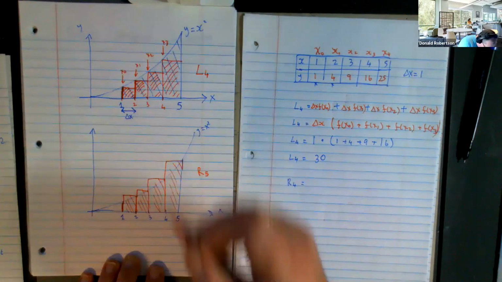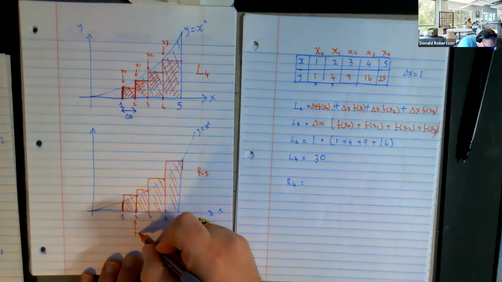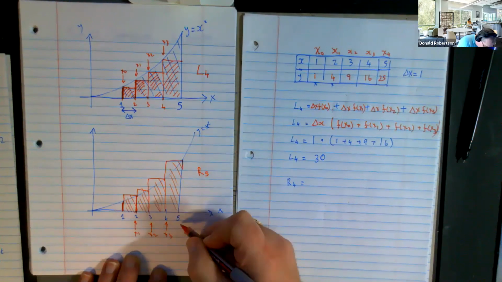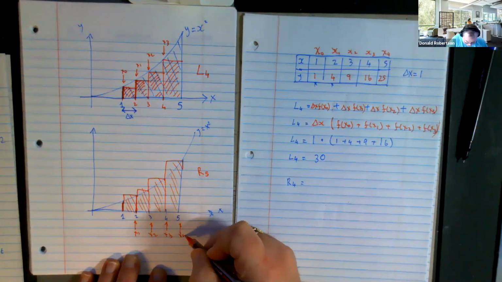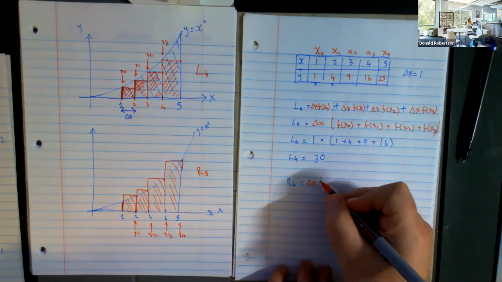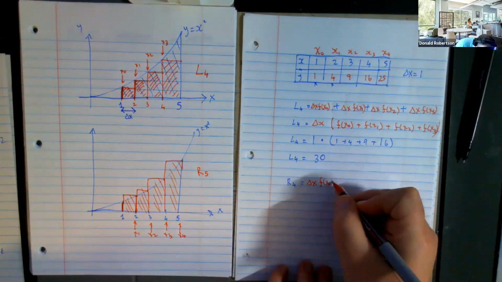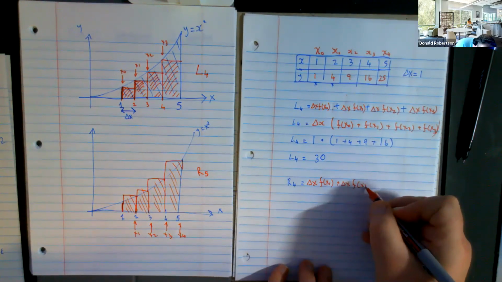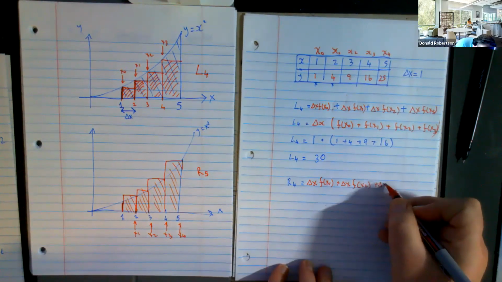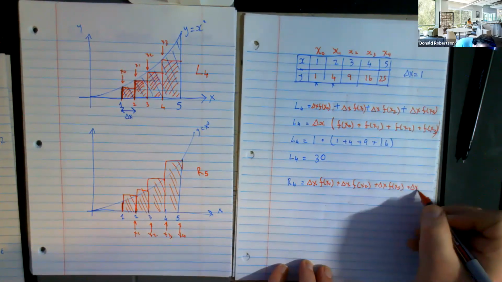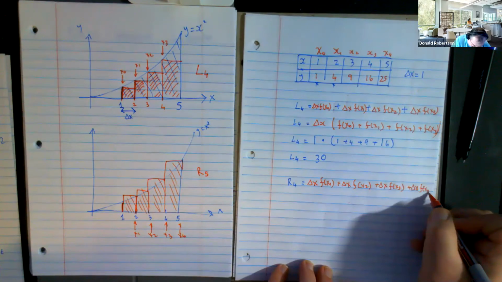In this one, we use x1, x2, x3, and finally x4. So it's delta x times the value of the function at 1, and then delta x, the value of the function at 2, and delta x, the value of the function at 3, and finally delta x, the value of the function at 4.